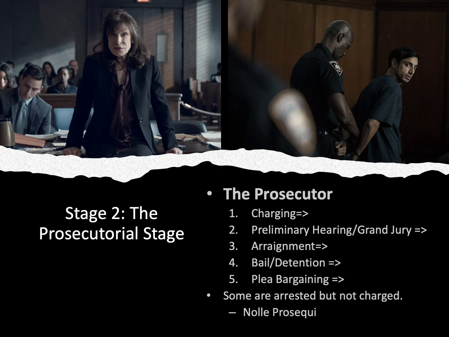And then they try to work out a deal. In the case of Nazir Khan, they worked out a deal to drop the charges all the way down to manslaughter with a flat 15-year guaranteed sentence or recommendation for a sentence. Nazir Khan actually accepts the plea agreement, but then something happens where the court will not accept the plea agreement. And so those are the 5 steps in the prosecutorial stage.